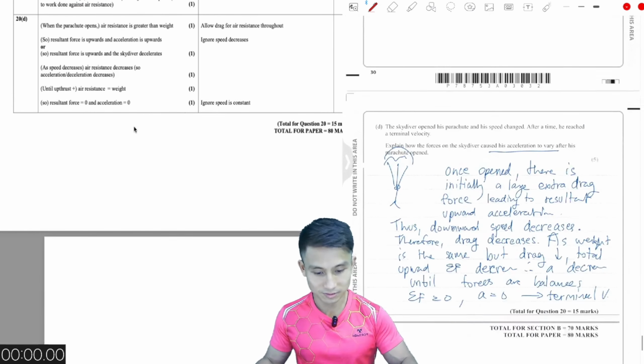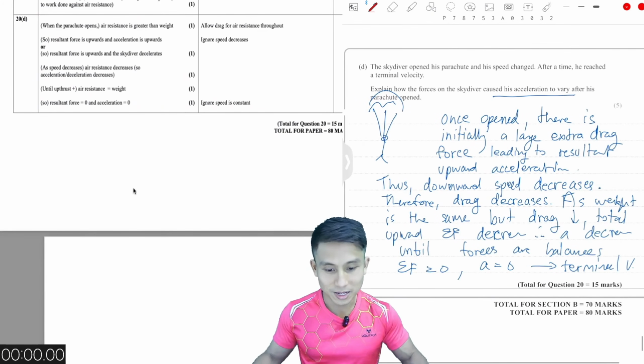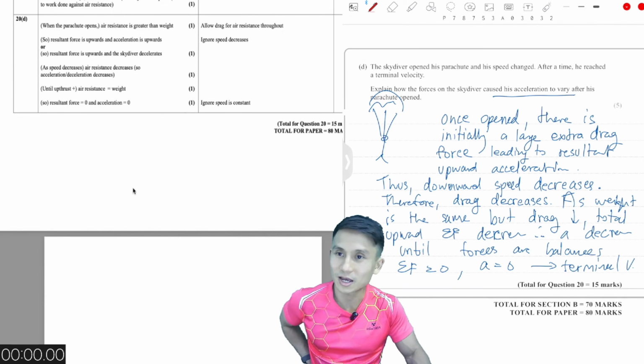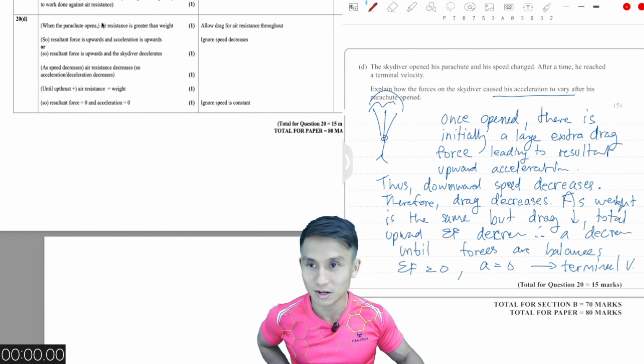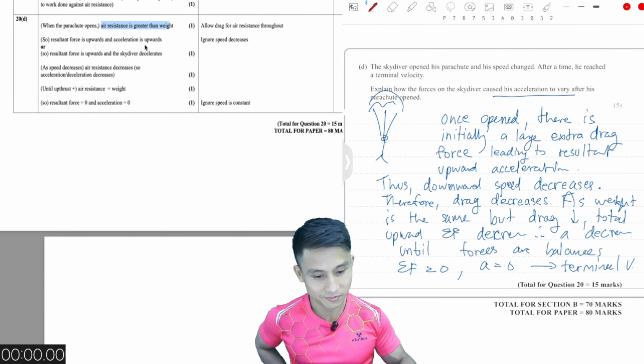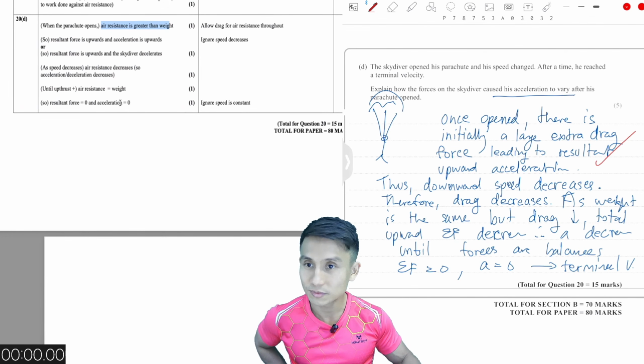And the last one, explain the forces on the skydiver. Yeah, when he opens the parachute. After he opens the parachute, air resistance greater than weight, resultant force upwards. Yeah. Yep. Allow drag for air resistance throughout. Yep. Okay.